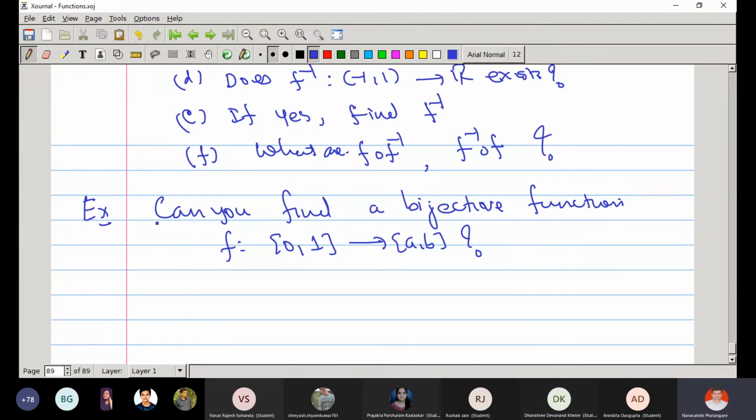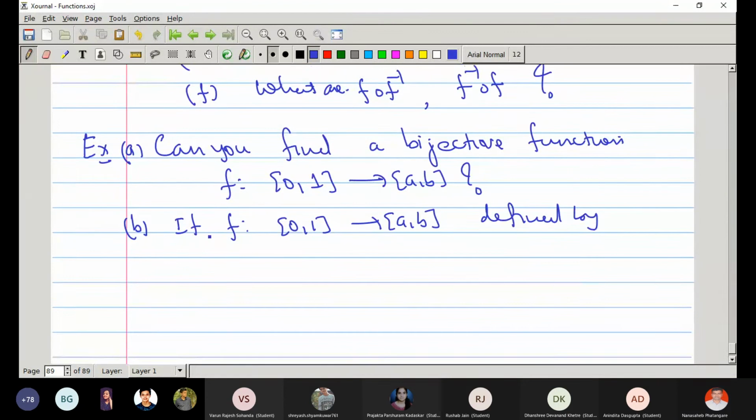Because we already discussed that from any interval to any other interval, you can always find a bijective function, and all of you know the method. There are many other ways too. So suppose I define f from (0, 1) to (a, b) by f of x equal to a times (1 minus x) plus b times x, right?